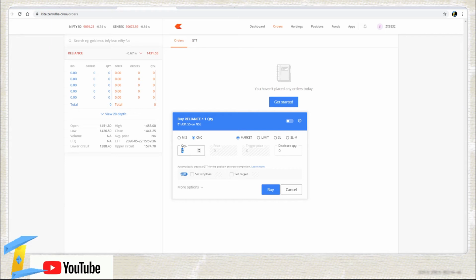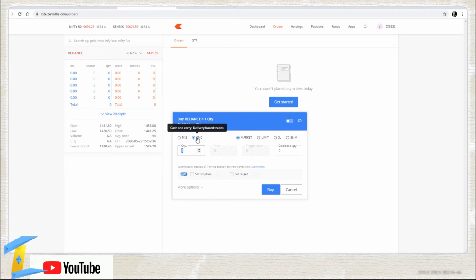Only thing we would be worried about is quantity while we are buying and also while we are selling. So one of the most important things you need to understand as part of making a buy is that when you're making a CNC buy, that means you're carrying it forward, and you're carrying it forward for a very long period of time. You can carry it forward for a week's time, till the next day morning, or till a couple of months ahead.